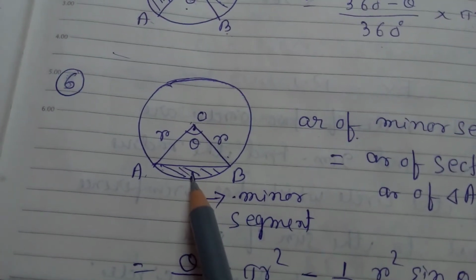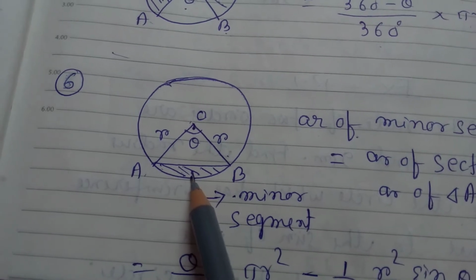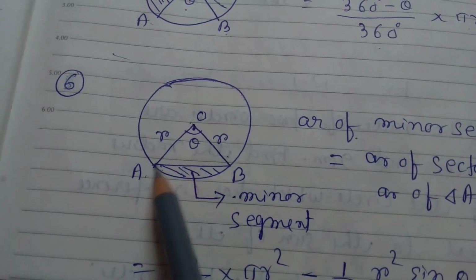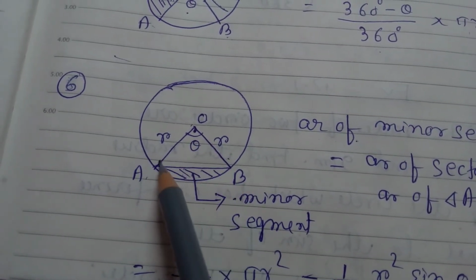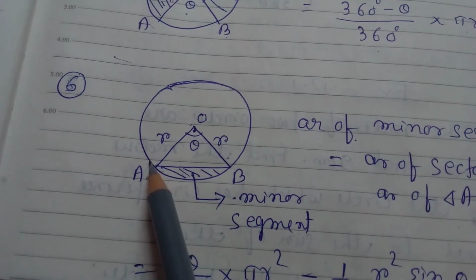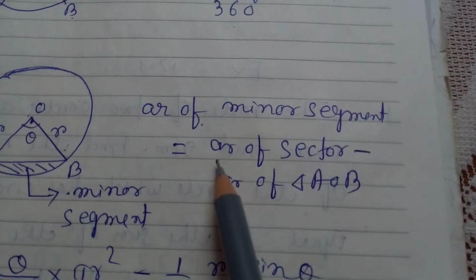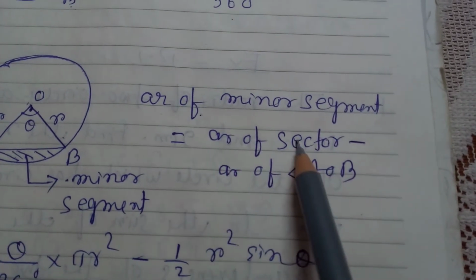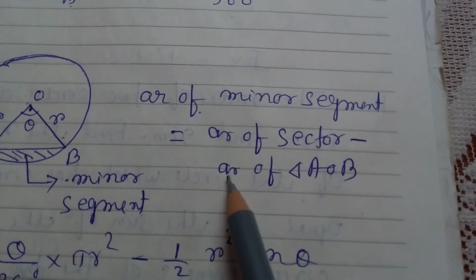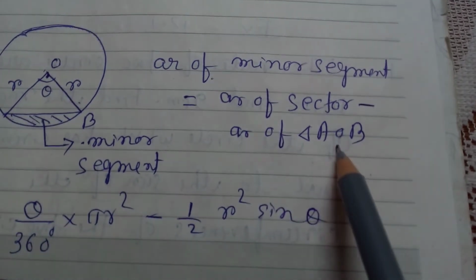So how do you derive the formula for the area of the minor segment? Area of the minor segment equals area of the sector, meaning the minor sector, minus area of the triangle AOB.